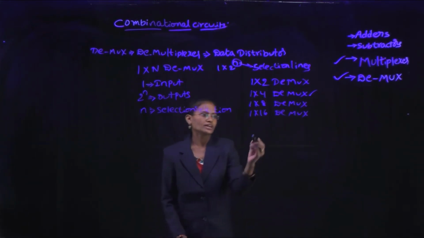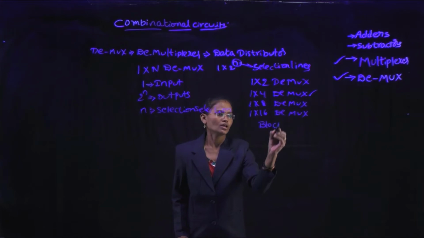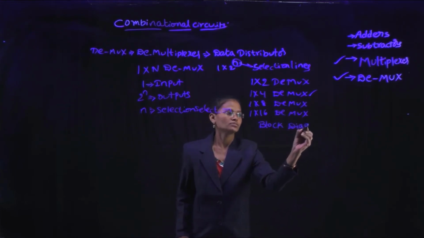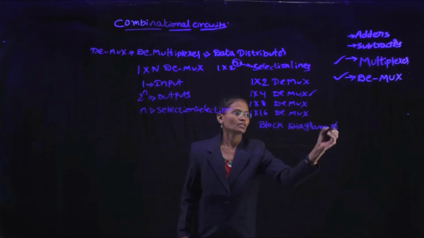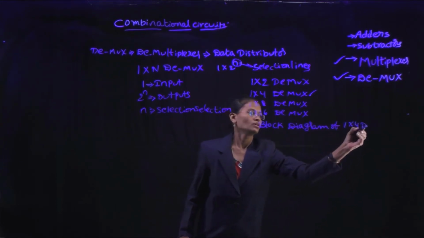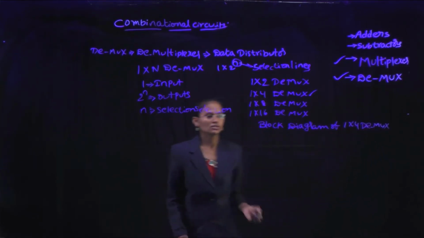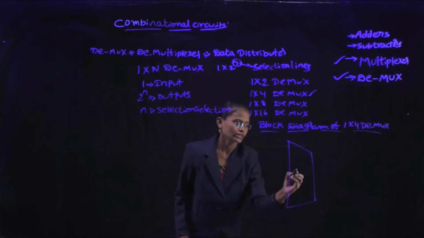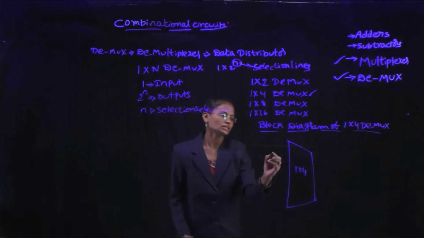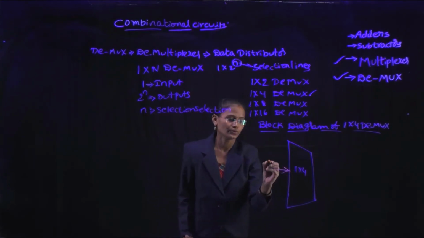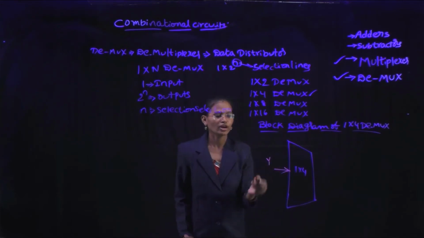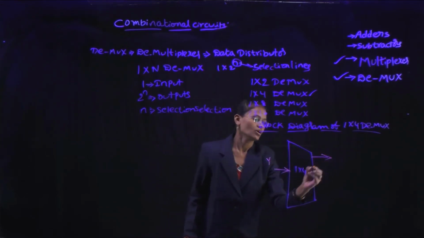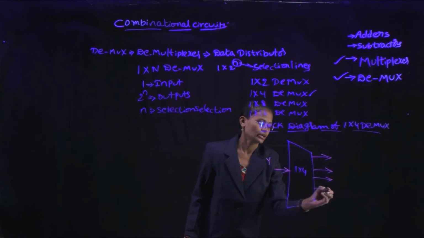First we draw the block diagram of 1 by 4 demux. This is the demux block diagram 1 by 4. Here there is a single input, Y or F, and it produces 4 outputs, D0 to D3.